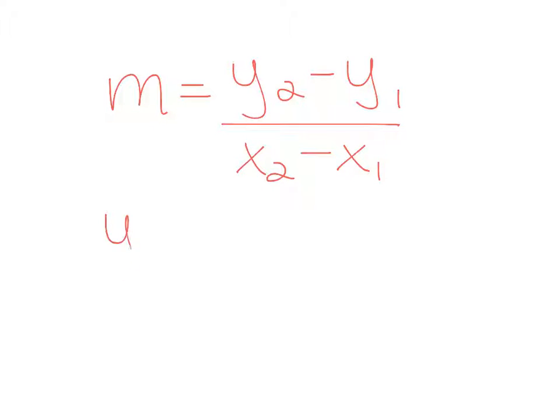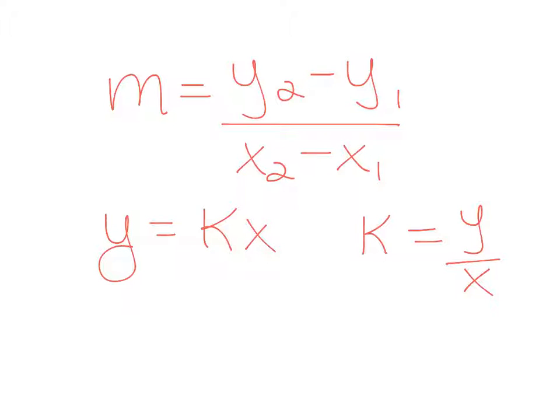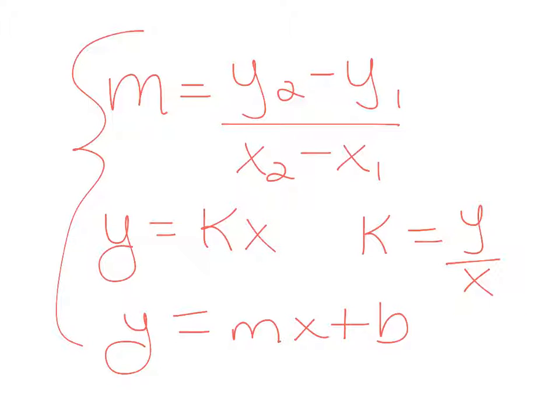You will also need to know the direct variation equation, y equals kx. Then you can also manipulate that, and to find k, you're dividing y by x. And then the last one was y equals mx plus b. So essentially 3 formulas. This one's just a version of the direct variation.